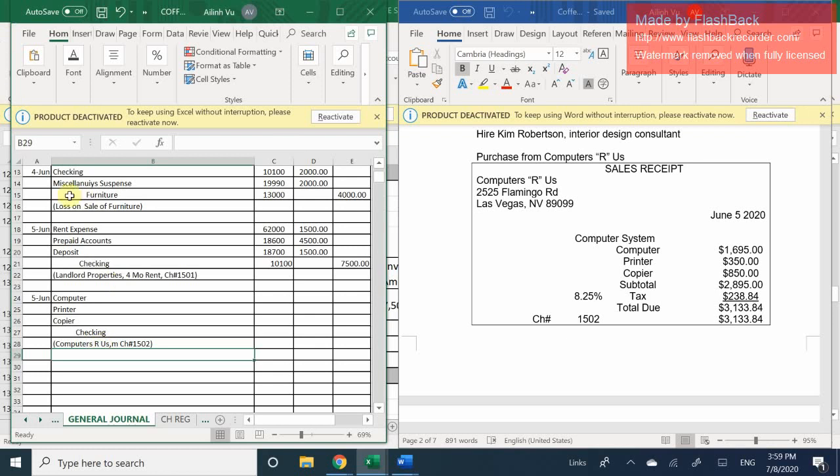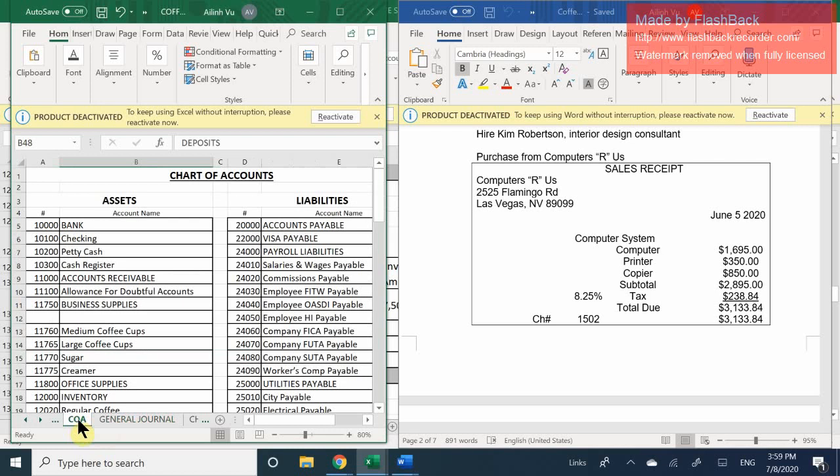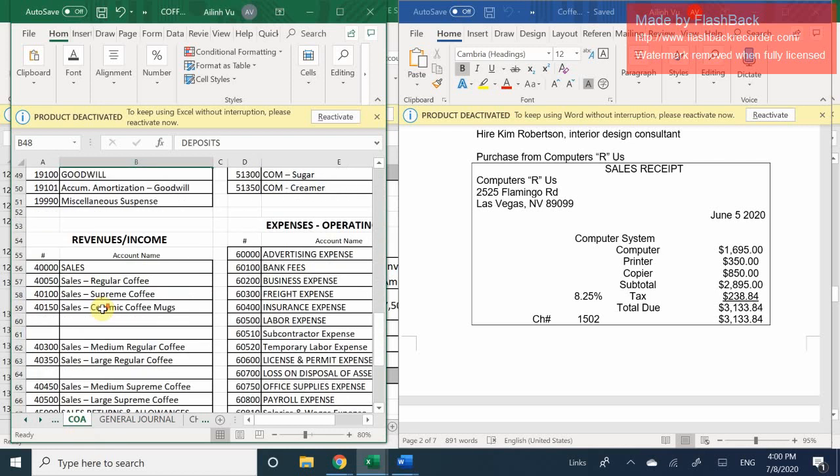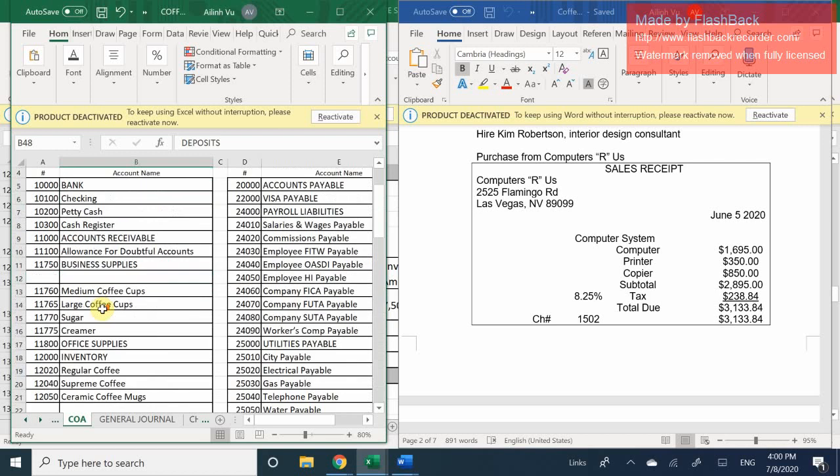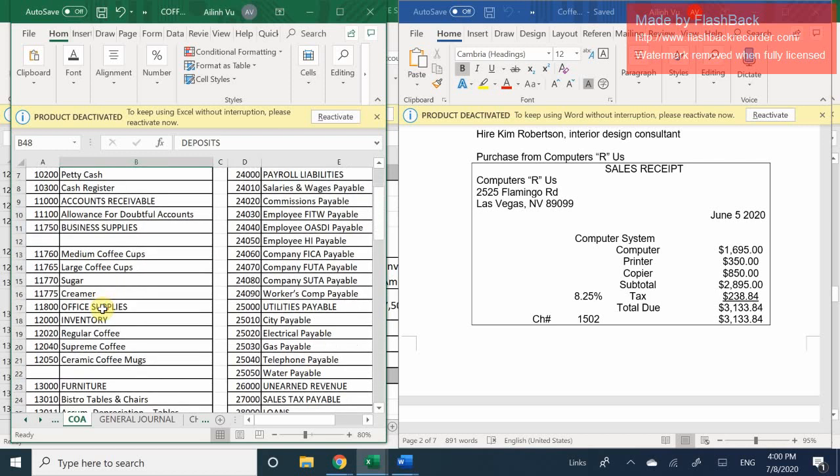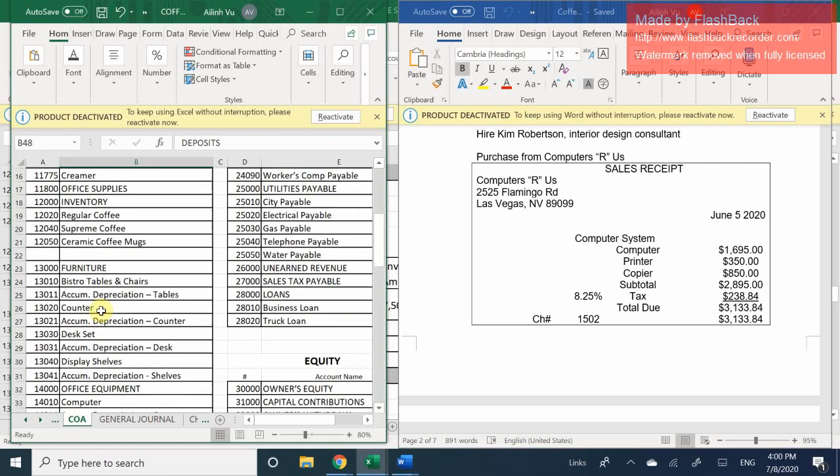So let's first go to our chart of accounts and make sure that our accounts even exist. Are we sure we have a computer? Or are they all office equipment? But what happened to the tax? Just wait for it. Let's see.